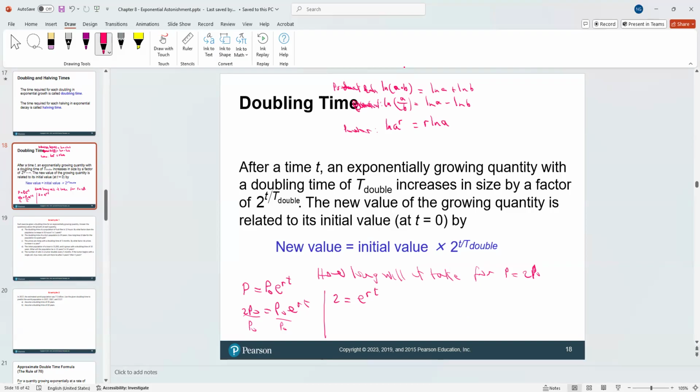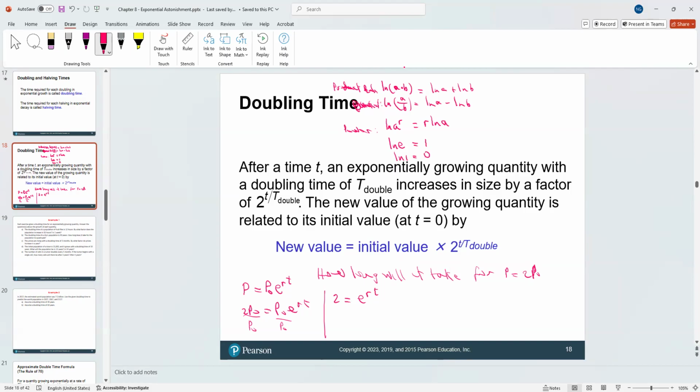I'm showing you all of this so you remember how we're going to solve this for t, because we're looking for t. Two equals e to the rt. Other properties to remember about logarithms: ln e is the natural logarithm and it's equal to one, and ln 1 is equal to zero.